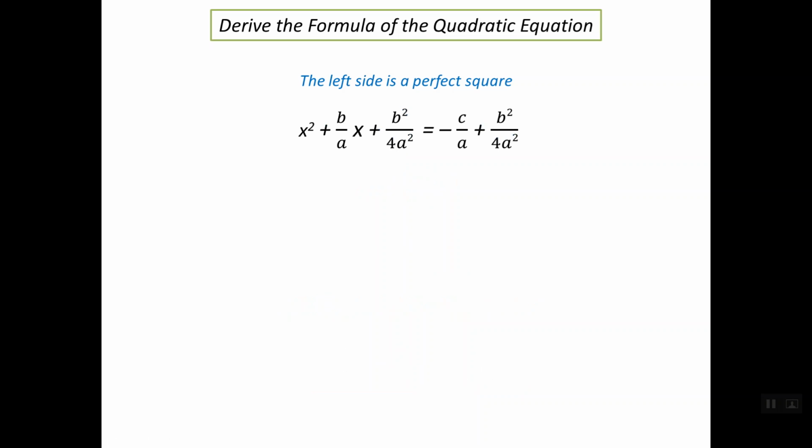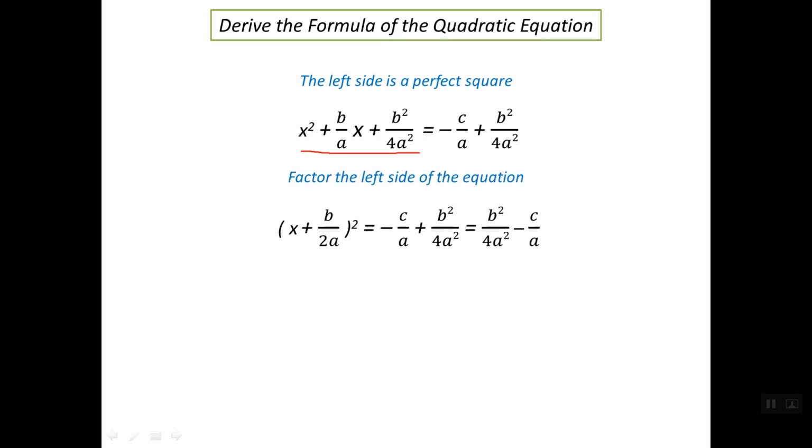So after factoring, the left side becomes x plus b over 2a, all squared.